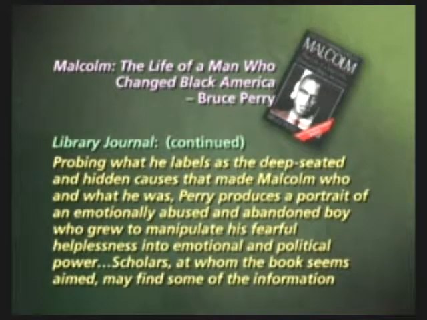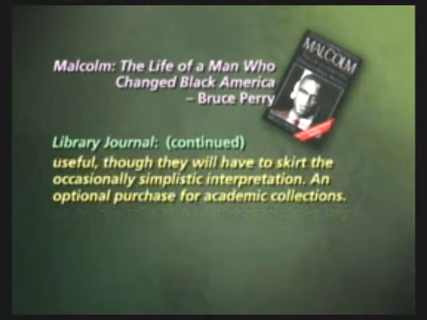Probing what he labels as the deep-seated and hidden causes that made Malcolm who and what he was, Perry produces a portrait of an emotionally abused and abandoned boy who grew to manipulate his fearful helplessness into emotional and political power. Scholars at whom the book seems aimed may find some of the information useful, though they will have to skirt the occasionally simplistic interpretation, an optional purchase for academic collections.